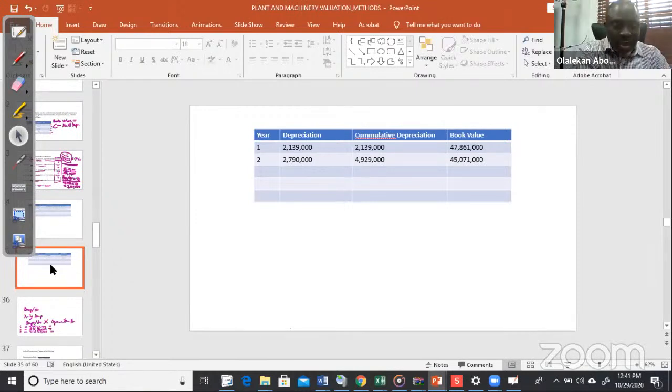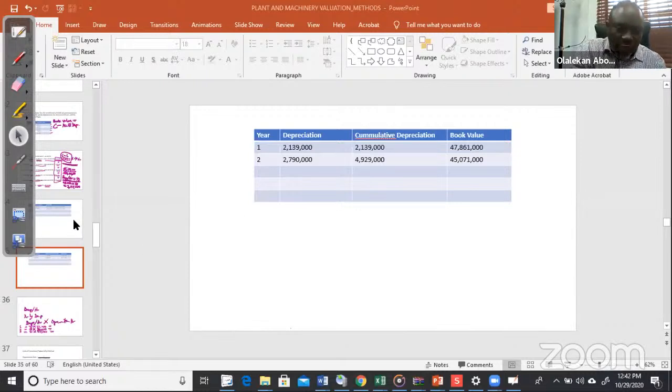And that can be a whole question in an exam. The depreciation is the same thing; I only use two different processes to arrive at the table.